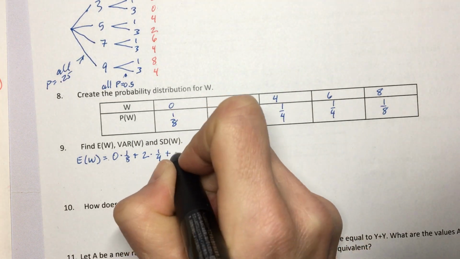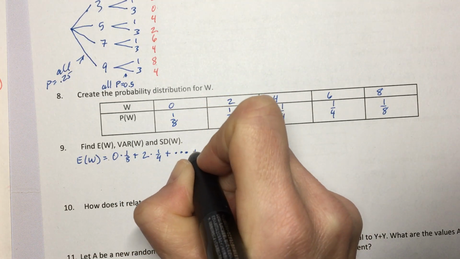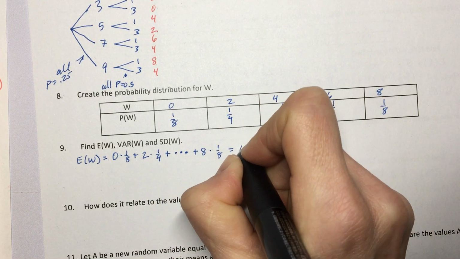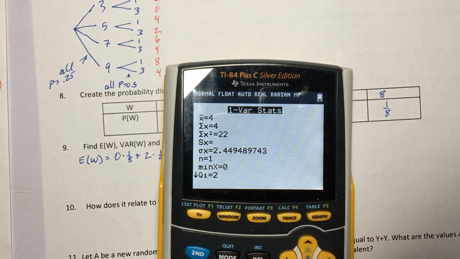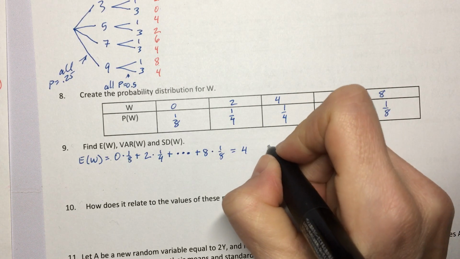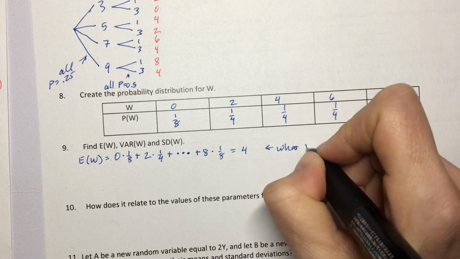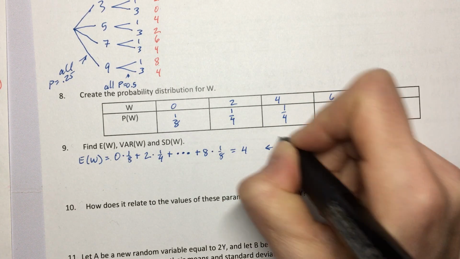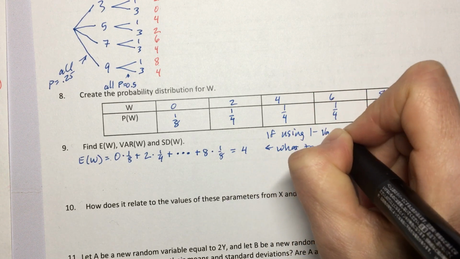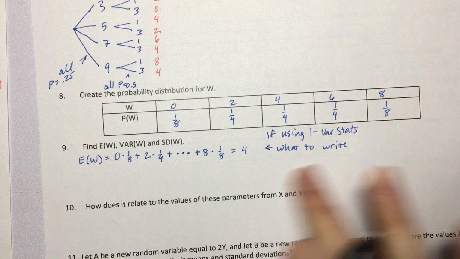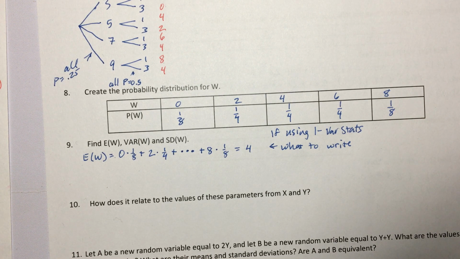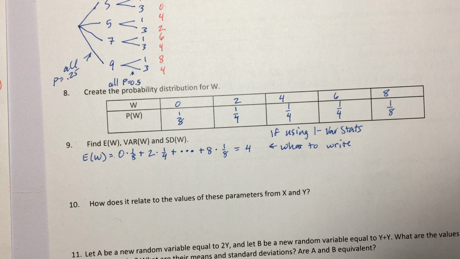And then you can do a plus dot, dot, dot, plus the very last thing, the 8 times 1/8, and get your outcome, which was 4, remember, from our calculator. So that's what you need to write. Even if you use the 1 var stats, you still need to write stuff down. You can't just give an answer. We know we never have those naked numbers.